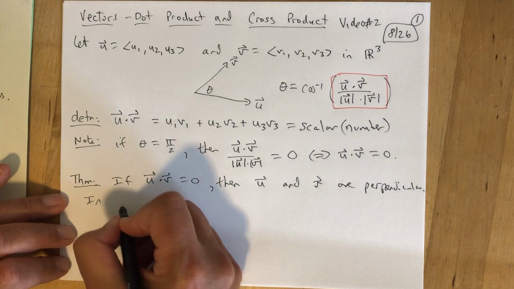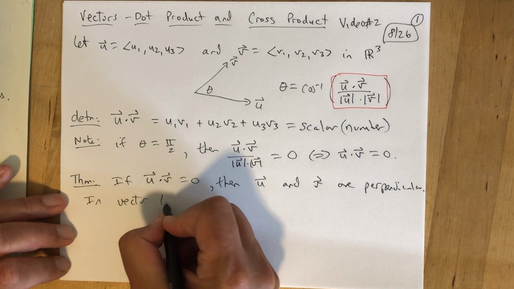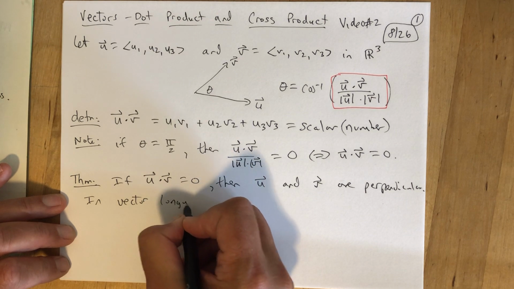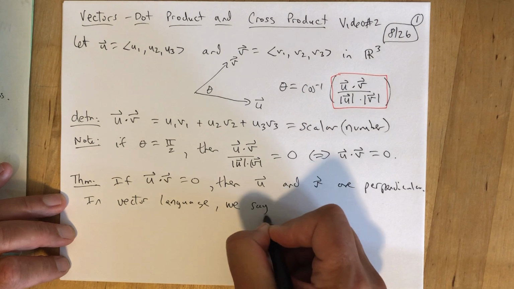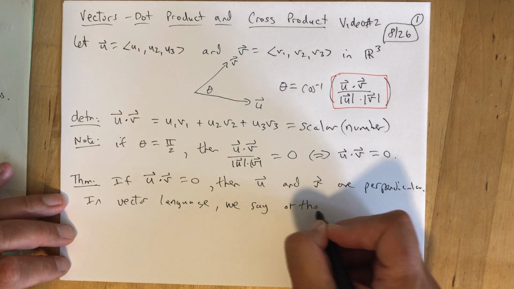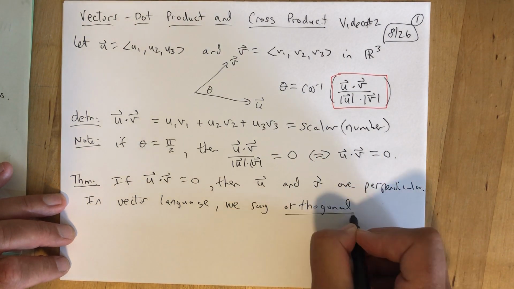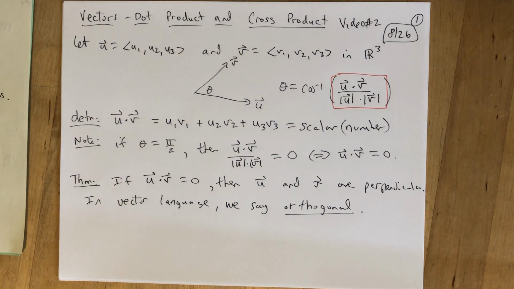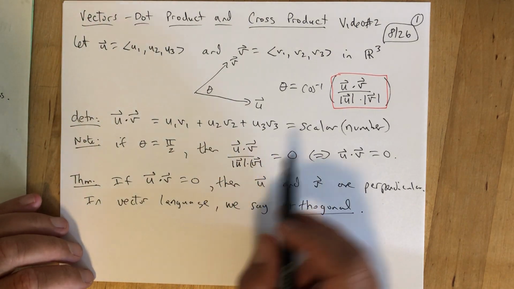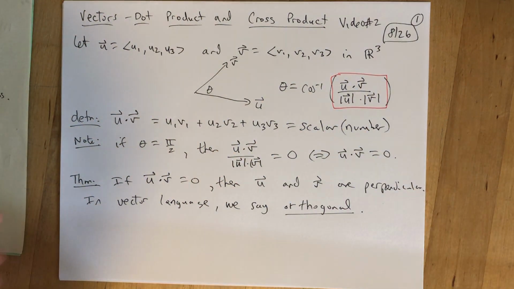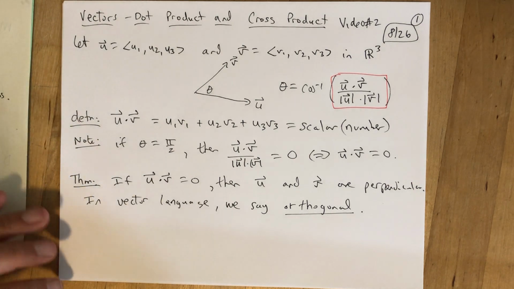And in our vector language, we say they're orthogonal. And the dot product is a scalar. It's funny because when you take the dot product of something, it doesn't really tell you anything unless it's 0. Otherwise, it's just the number you use to find this angle, whatever it might be.